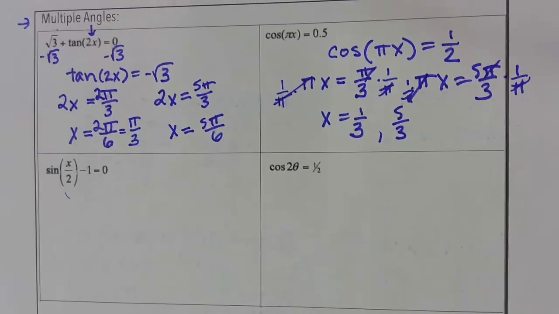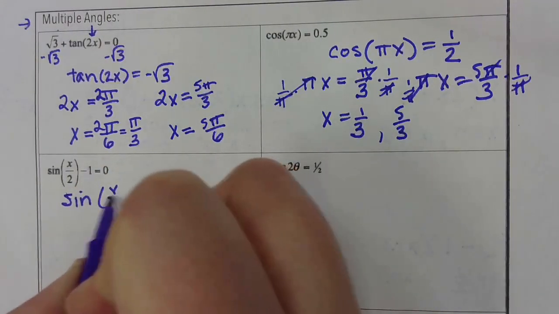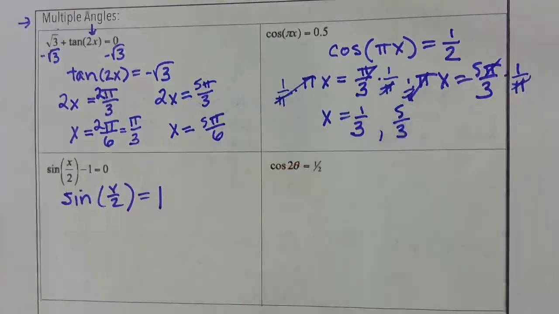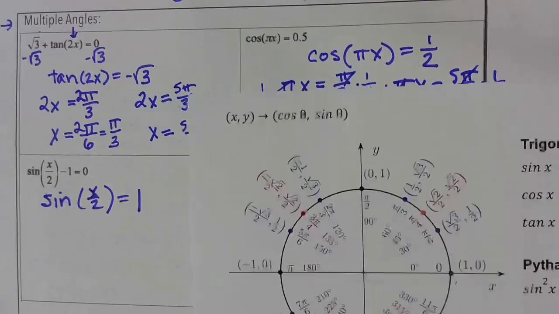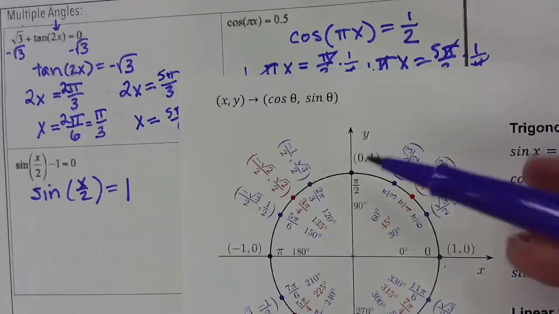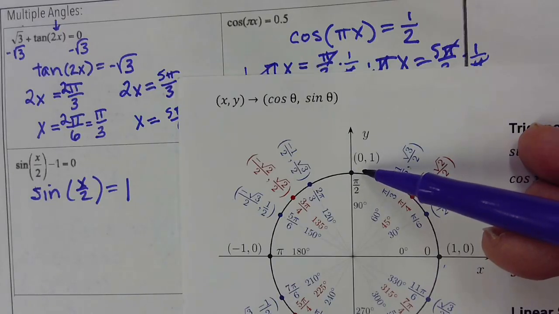Okay, next one, I'd add 1. So when is sine equal to 1? Sine is equal to 1 just at pi over 2. There's only one solution here from 0 to 2 pi. So it's just pi over 2.